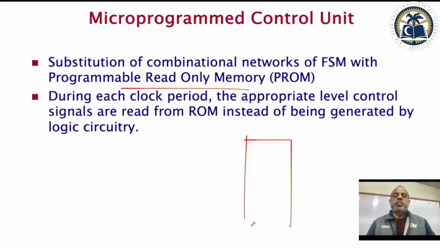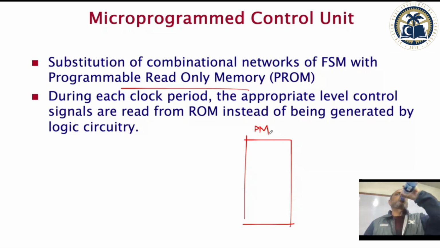Because it is becoming a program, you can change the program. You don't really need to worry too much about going into the Verilog code and changing the if-else statements. You just change the contents of the memory, and now there is a new program, and then you execute the new program like any programmable machine.